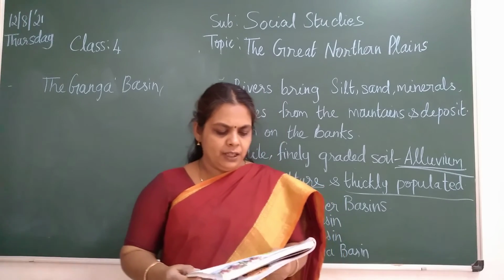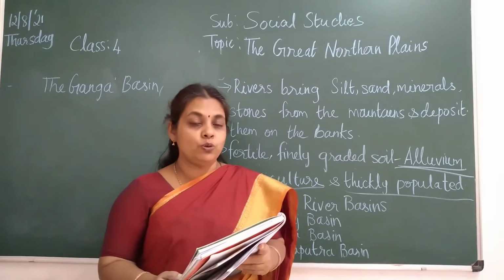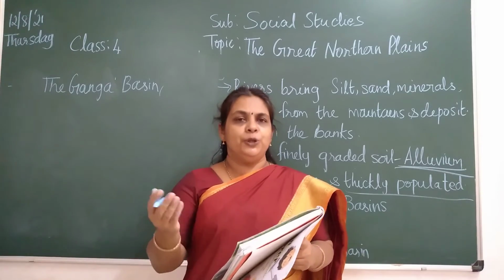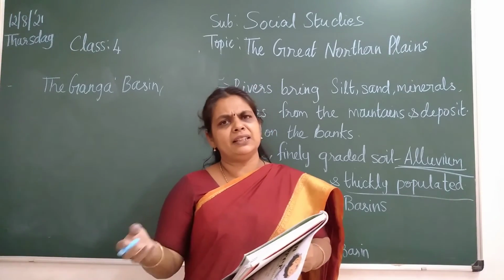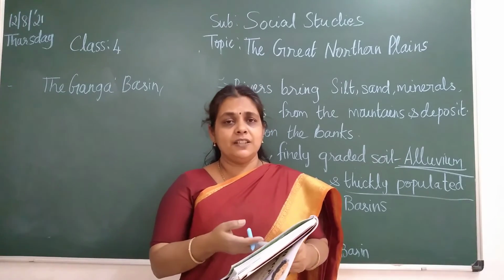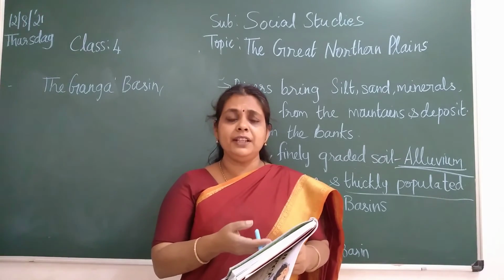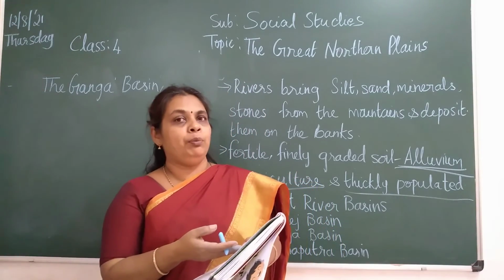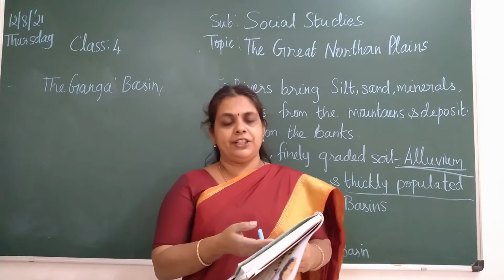Then many important towns are situated wherever Ganga flows, children. You have so many cities like Kedarnath, Haridwar, Badrinath, Allahabad, then in West Bengal you have Calcutta city. So many important cities are located along it, children.